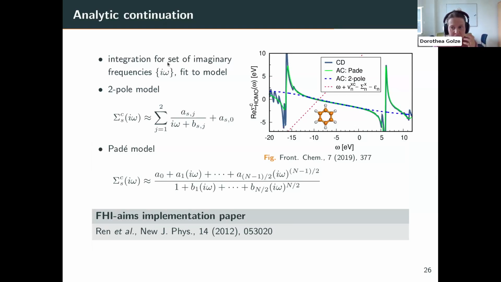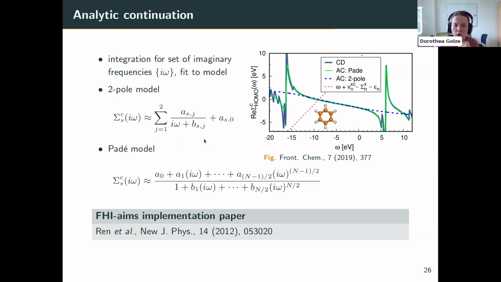The idea is that the self-energy has a smoother structure for imaginary frequencies compared to real ones. You see here the real one has a lot of structure. The idea is to have a set of reference frequencies, let's say 200 imaginary frequencies, calculate the self-energy for each of these frequencies, and then perform a fit to some analytic model which has poles.